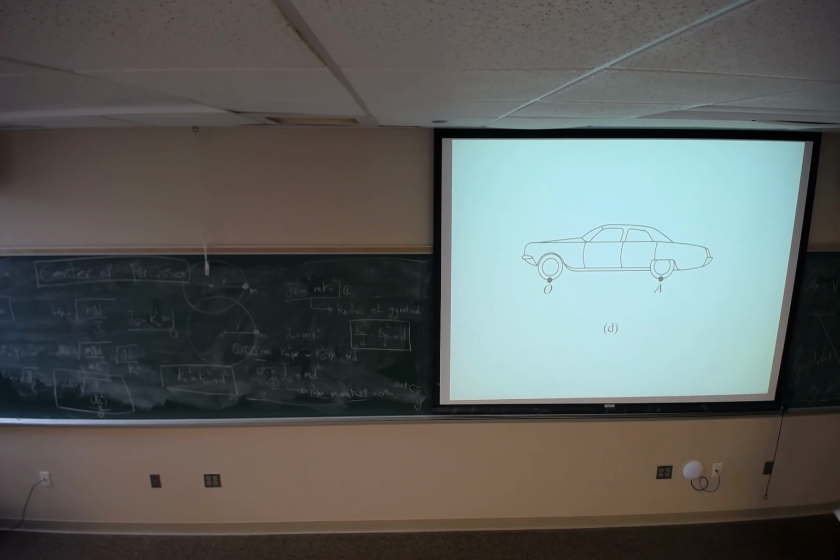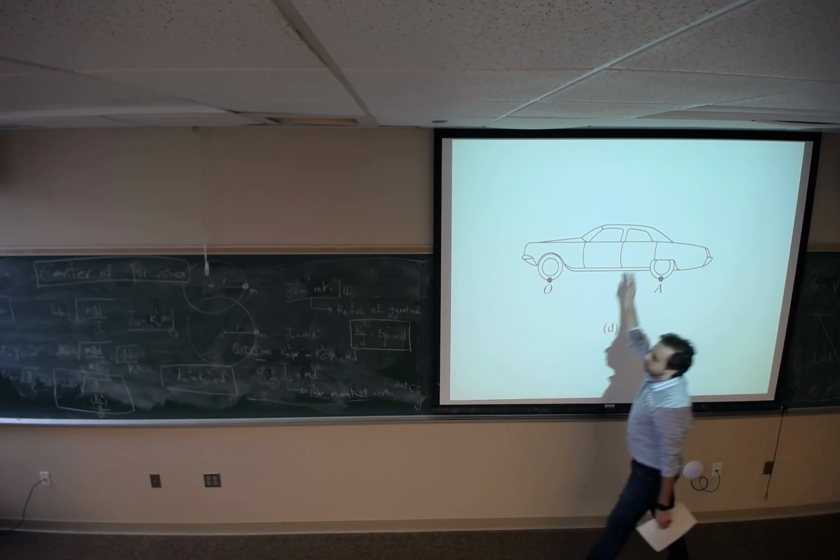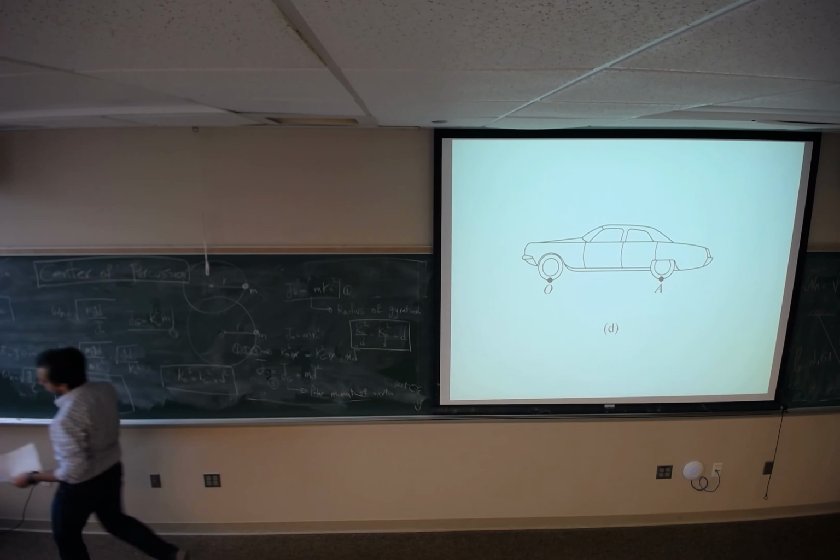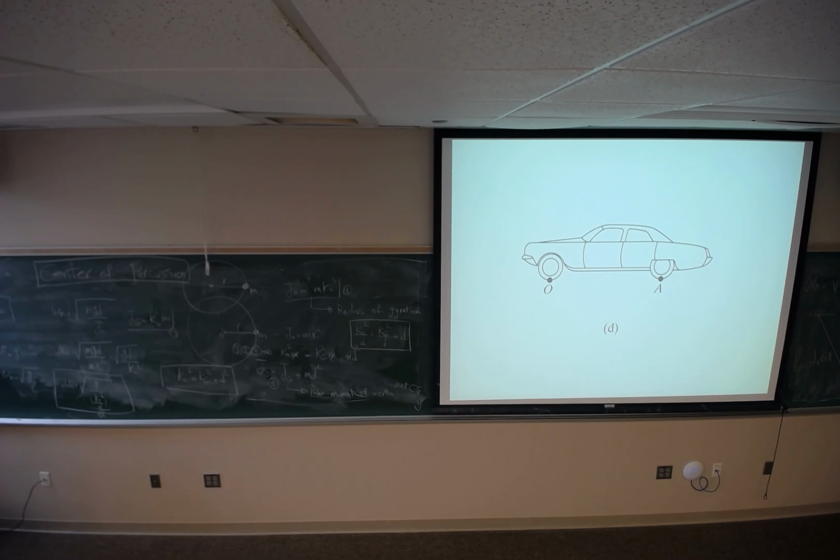So if in your design of the car you follow this, then you don't see much reaction on the back side of the car. So this is another example of the center of percussion that designers are going to keep in their design.